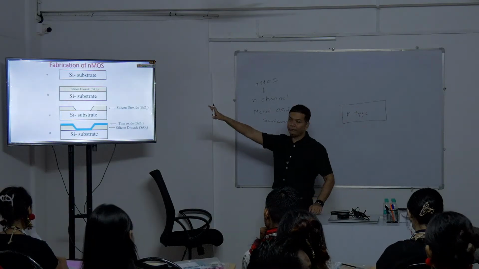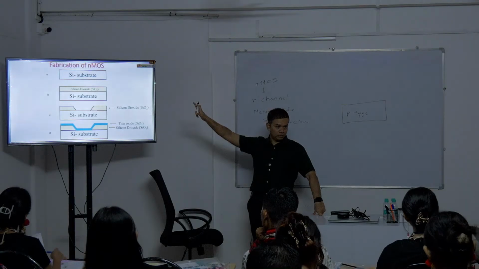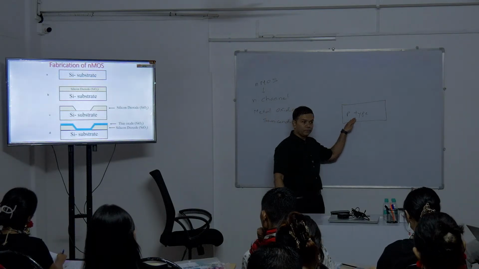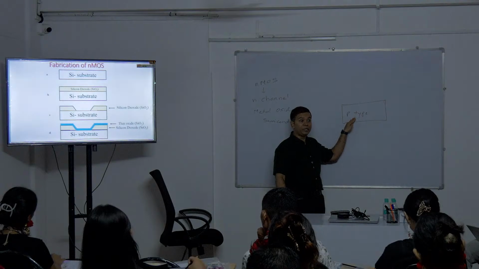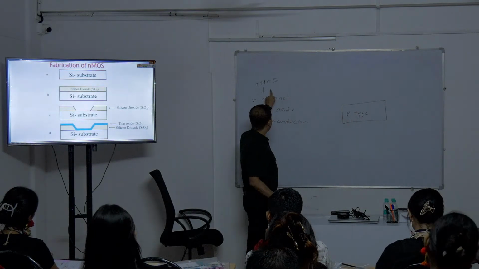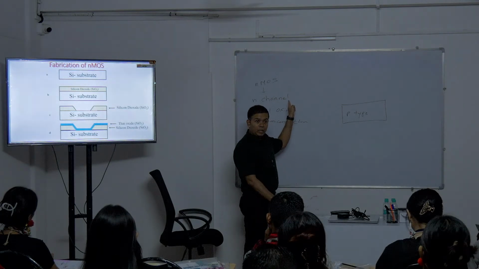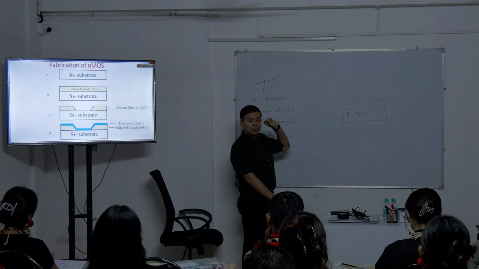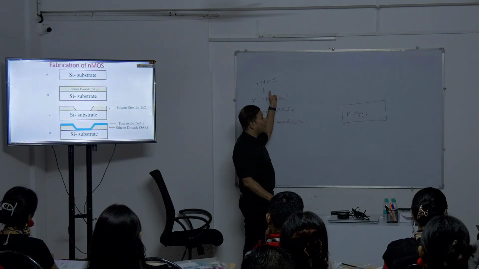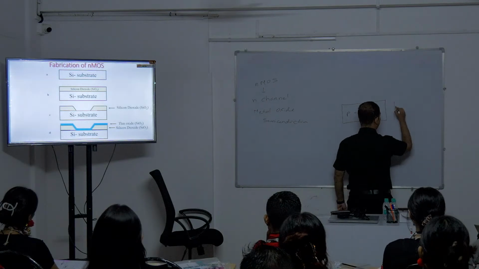So see, the very first step itself is your silicon substrate, right? Which is P-type. Why P-type? Because we are currently understanding the fabrication process of NMOS. If we are discussing the fabrication of PMOS, then the substrate will be of which type?